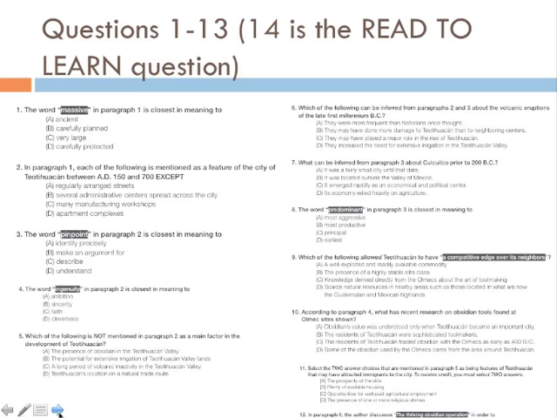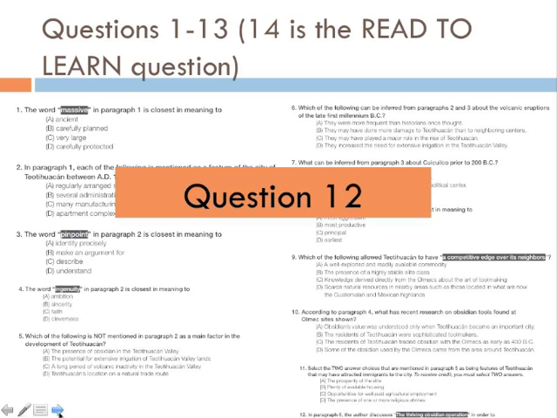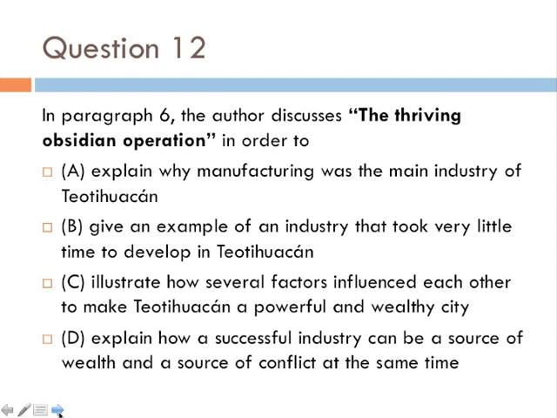So looking at our questions again, which one seems to be involving what the author's particular reason or purpose is? Well, in this case, the question we're going to be looking at is actually only one, question number 12. So let's look at it. In paragraph 6, the author discusses, quote, the thriving obsidian operation, end quote, in order to do something.